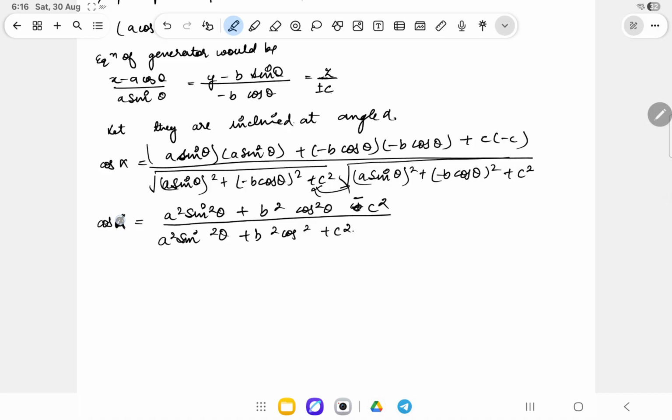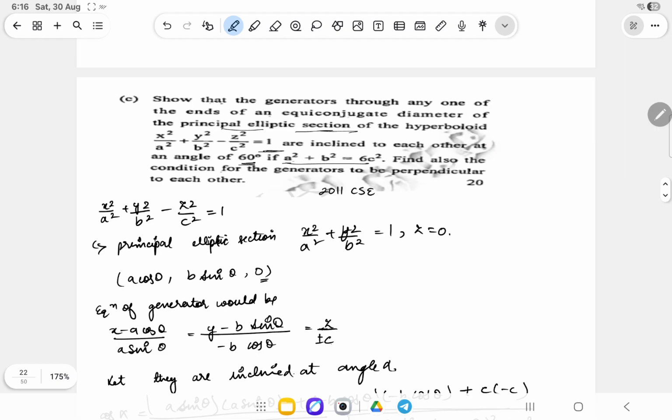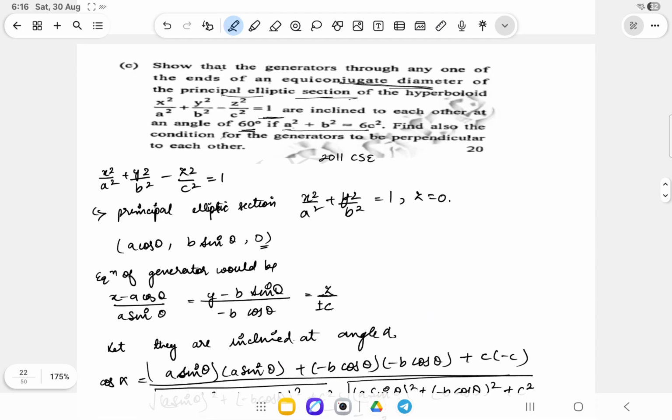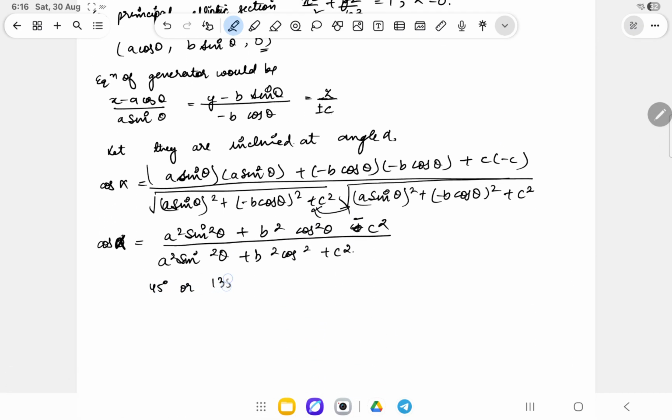Also, if you observe in the question, it says that it is passing via equiconjugate diameters, and we know that equiconjugate diameters are basically conjugate diameters with equal length, and they make basically an angle of either 45 degree or 135 degree with the major axis.